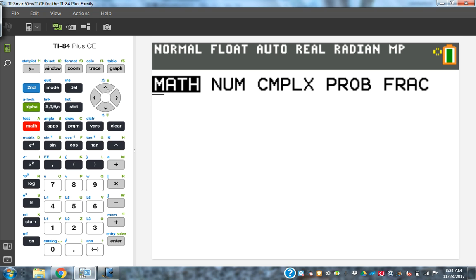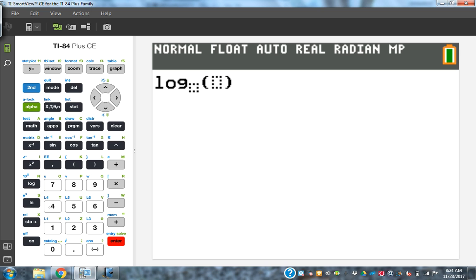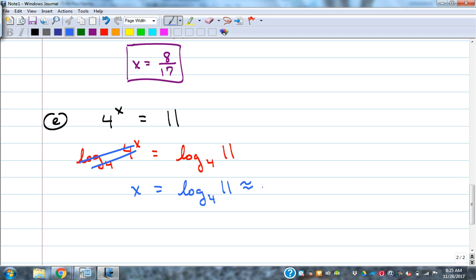So math, log base 4 of 11, 1.7297. Going 3 decimal places on all this stuff. So that 7 after the 9 makes the 9 go up to a 10, which makes the 2 go up to a 3. So that's 1.730.